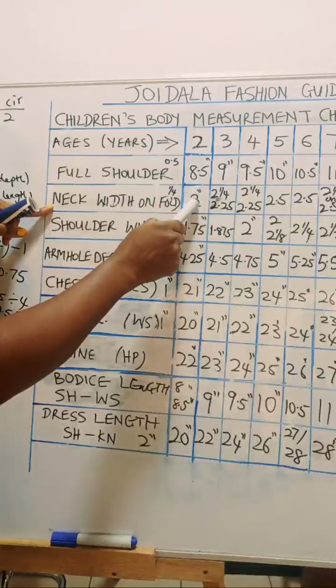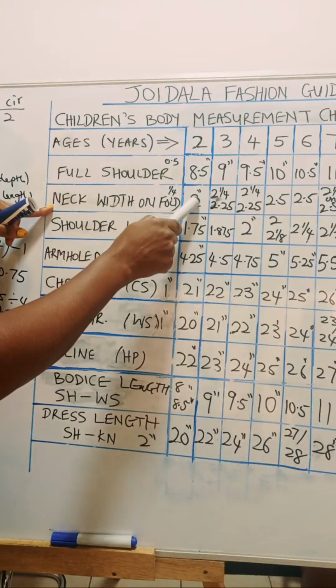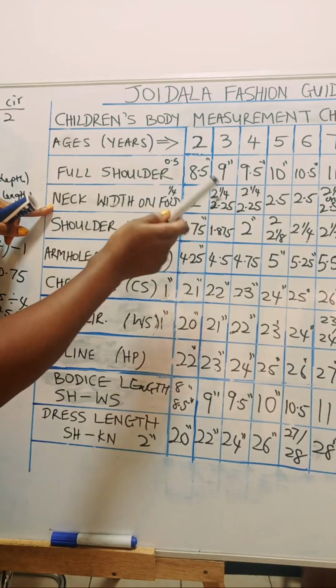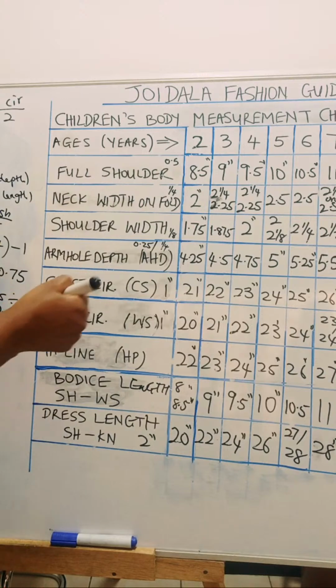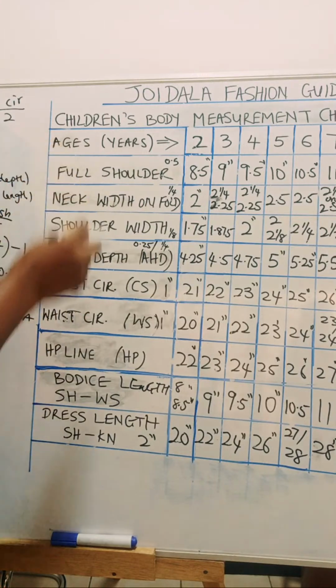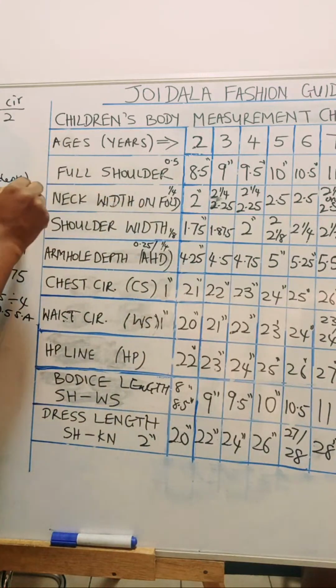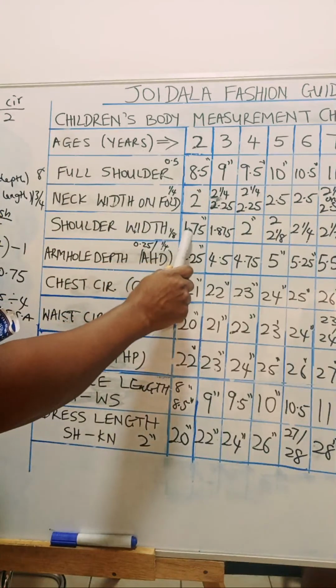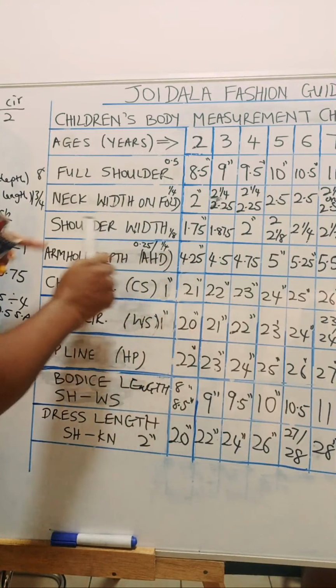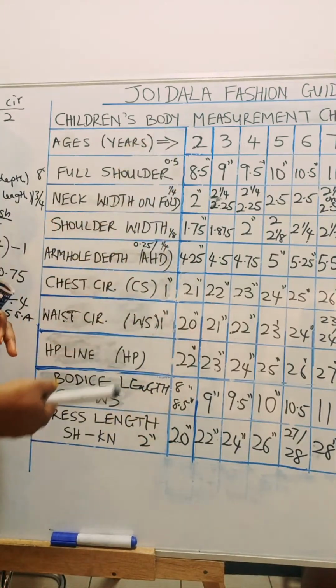If 2 years is 2 inches, just subtract a quarter from 2 years and you have 1/3 for the 1 year old. Okay, full shoulder for 1 year, you have 8 inches. And then for the shoulder width, the same thing. Subtract 1/8 from 1.75, and then you have the shoulder width of a 1-year-old.